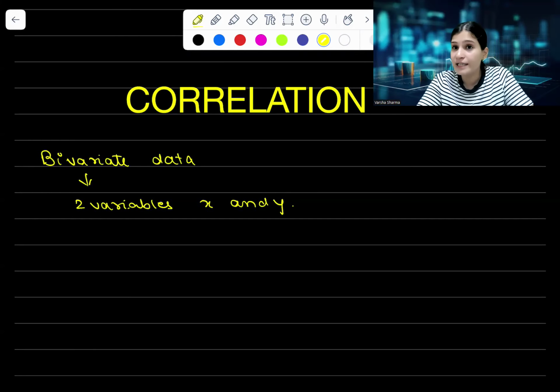So what is bivariate data? Any data which concerns two variables x and y.